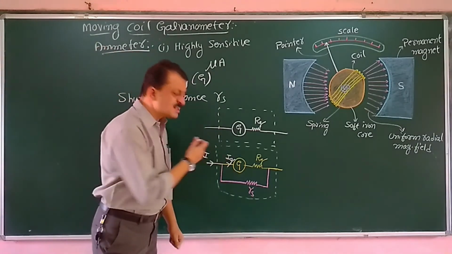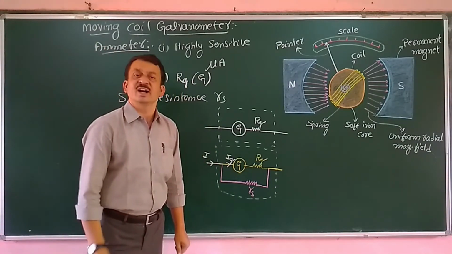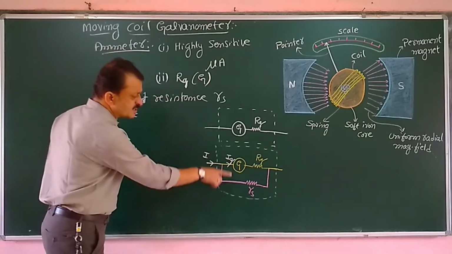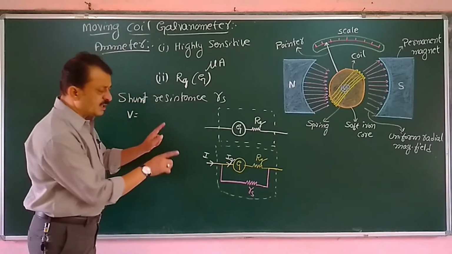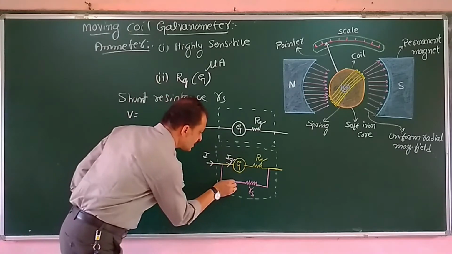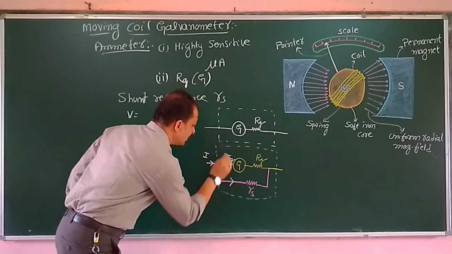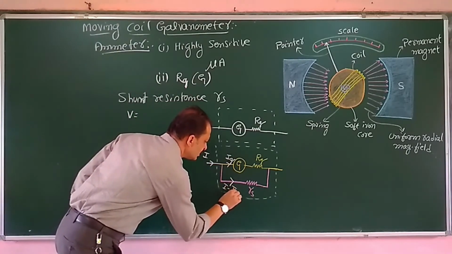Here onwards, we call it the full scale deflection current. Since it is a parallel combination, the current divides. Then the current flowing through the shunt is I minus Ig.